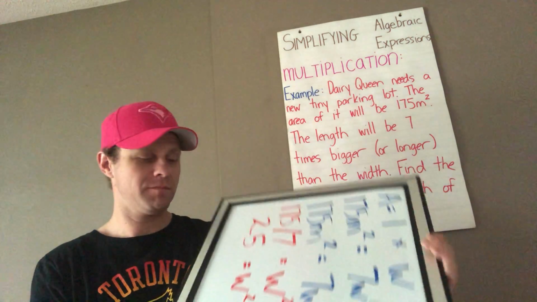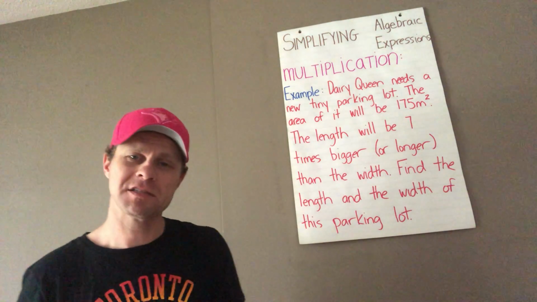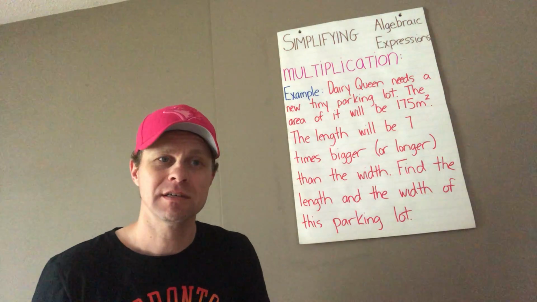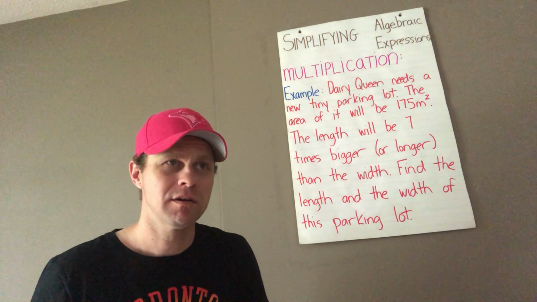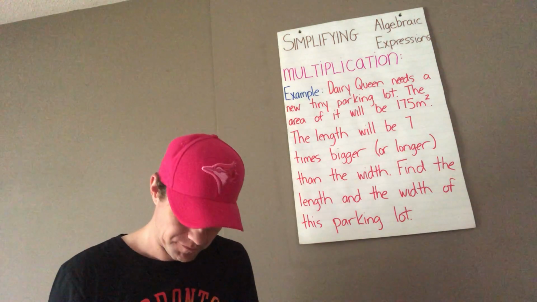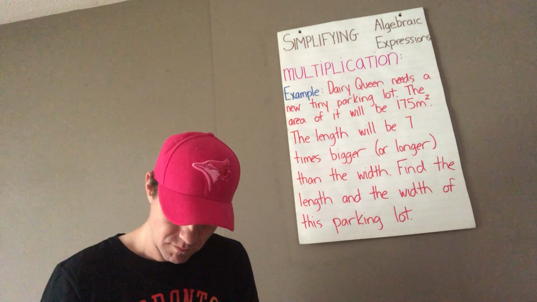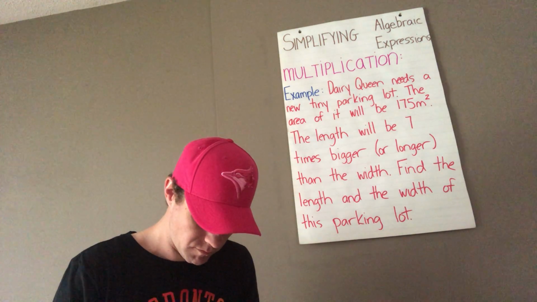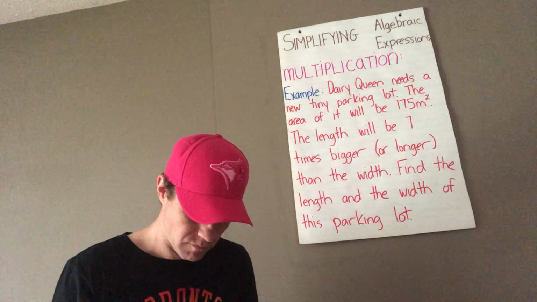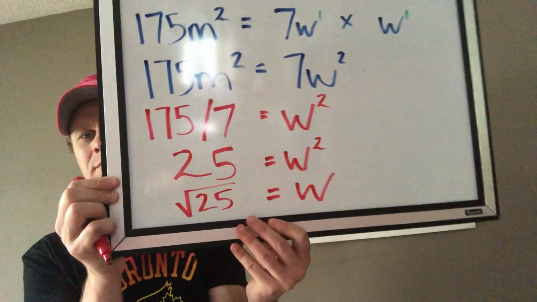So, our next step is to find the square root of 25. And the square root is what number times itself equals 25. And the square root symbol looks like the long division symbol.